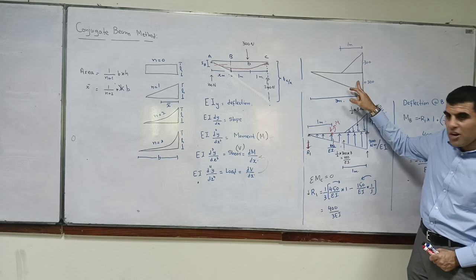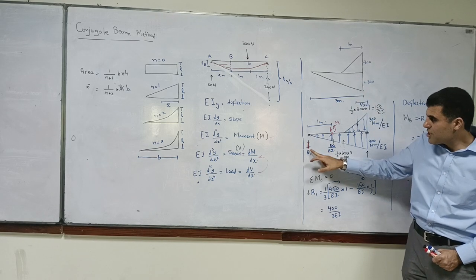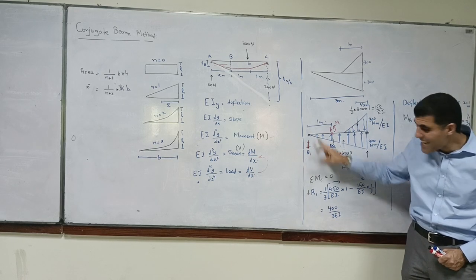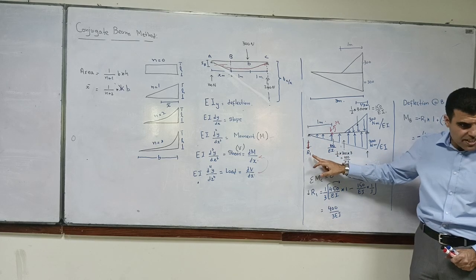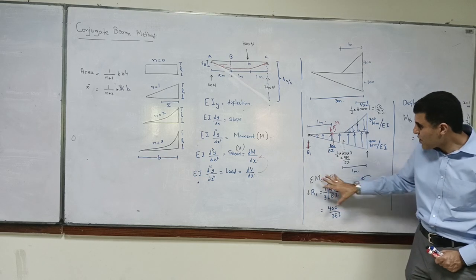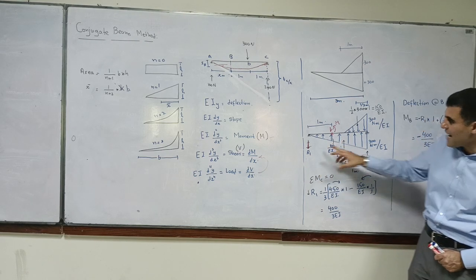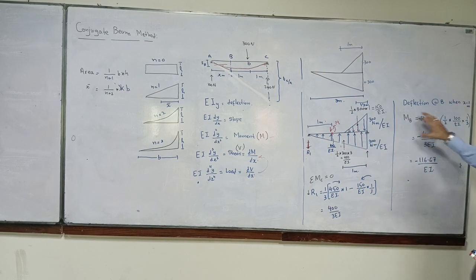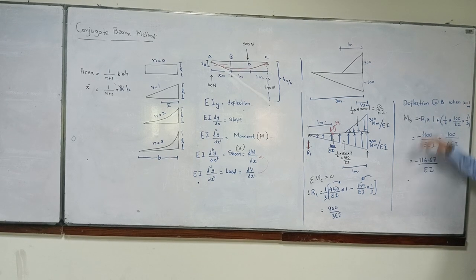So if this is positive, then the moment which is caused, what should that be? That is negative. Moment by this reaction is negative, isn't it? Yes, sir. Okay? So from this equation, we are saying that actually the deflection is upward. When we put it over here, deflection is upward. But we are getting negative, which means that it's not upward, it is downward. Do you understand my point?